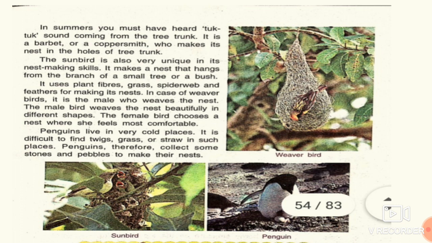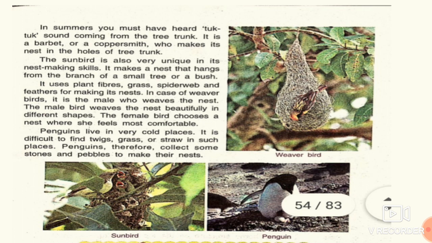And the next bird is the sunbird. We are reading about the nest of the sunbird. You can see in this picture, this is a sunbird. The sunbird is also very unique in its nest-making skill. It makes a nest that hangs from the branch of a small tree or a bush.